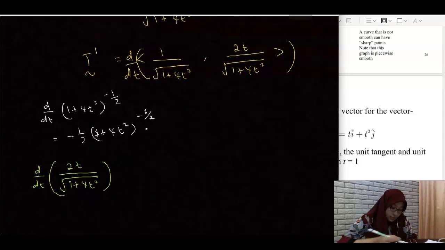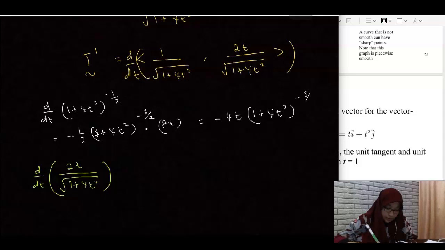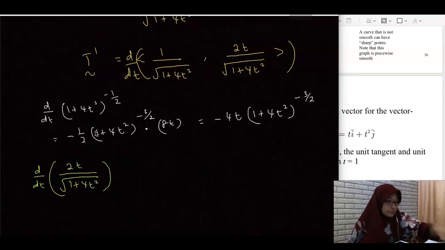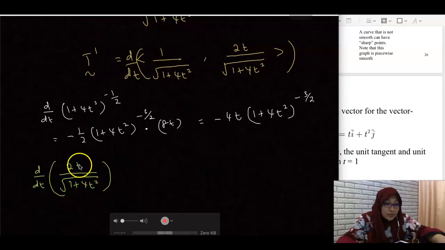And then chain rule, so we have 8t. Then we can simplify: we have negative 4t, (1 plus 4t squared) to the power of negative 3 over 2. Next, for the second component, we have 2t over square root of 1 plus 4t squared. Here you have to apply quotient rule plus chain rule.